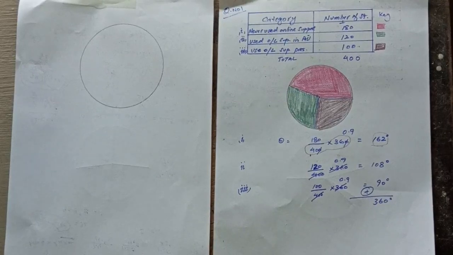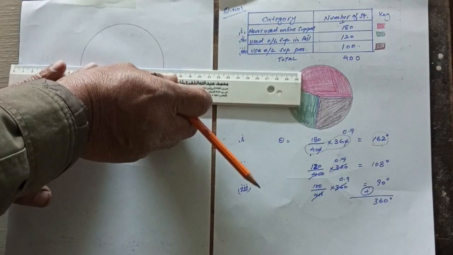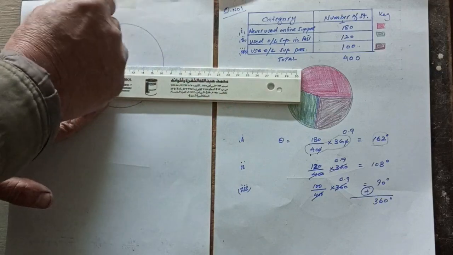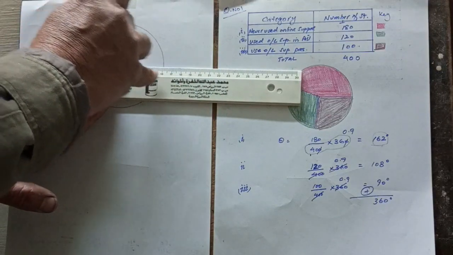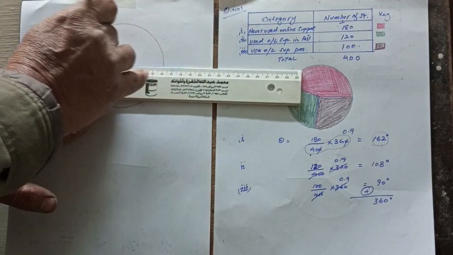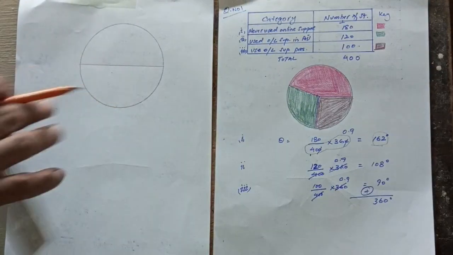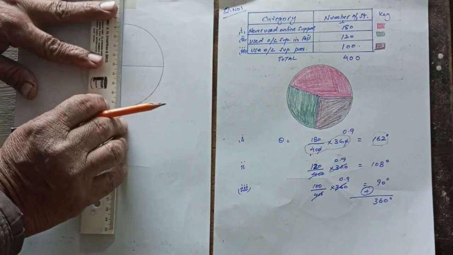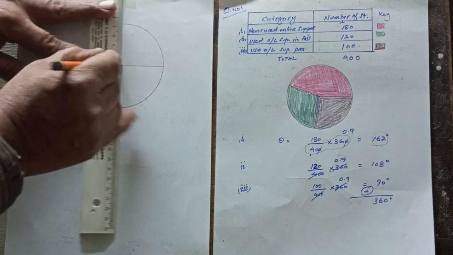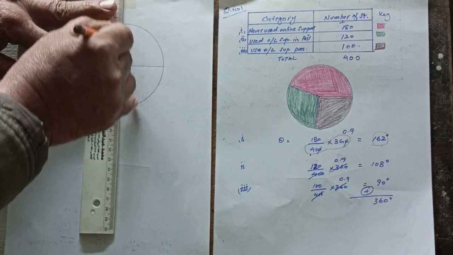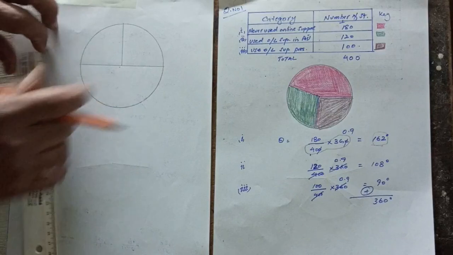This is the same pie chart, and for this pie chart, I am going to make a rough version of it. If I say that this is the 180-degree line, and the Chinese students are here in this part.